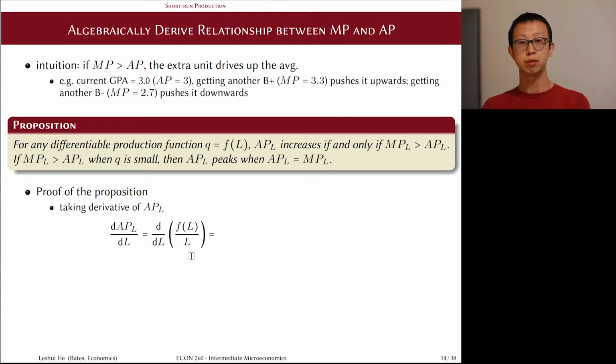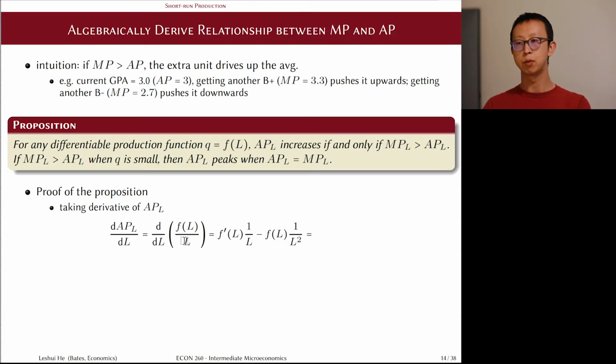So we just take the derivative of this ratio with respect to labor, or L. Because both the numerator and the denominator are functions of L, we can use the quotient rule or the product rule, whichever you prefer. Here, I'm actually using the product rule by seeing this ratio as a product between f of L and 1 over L.